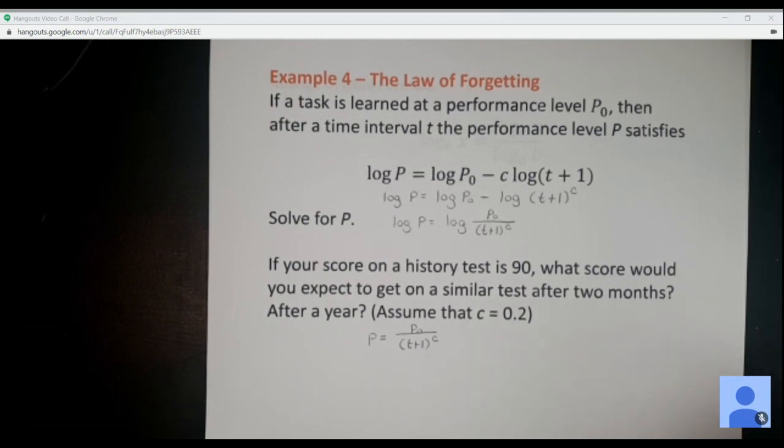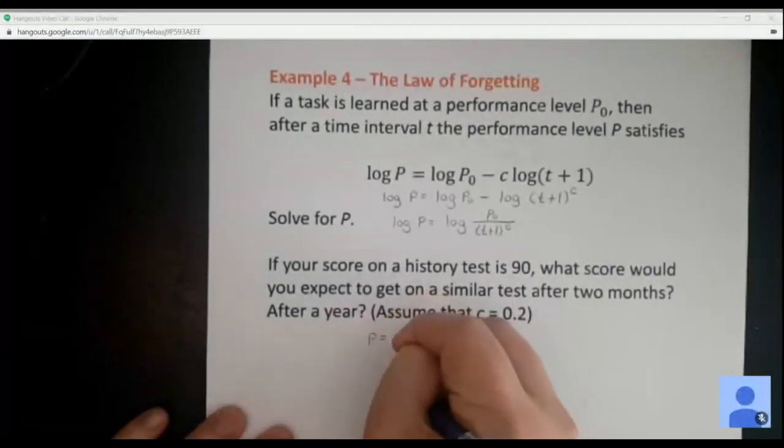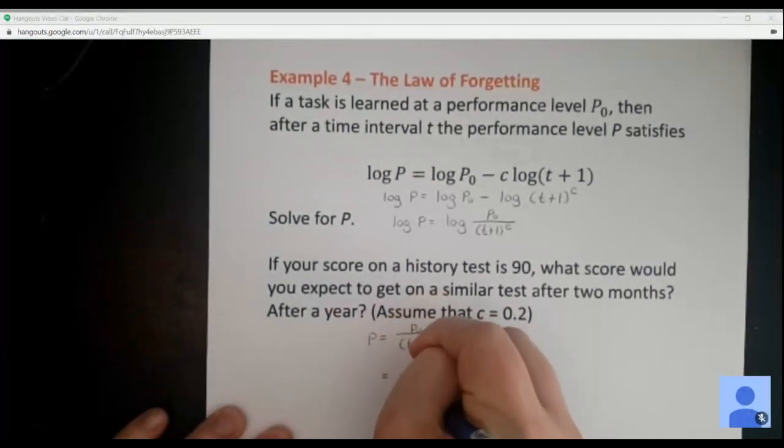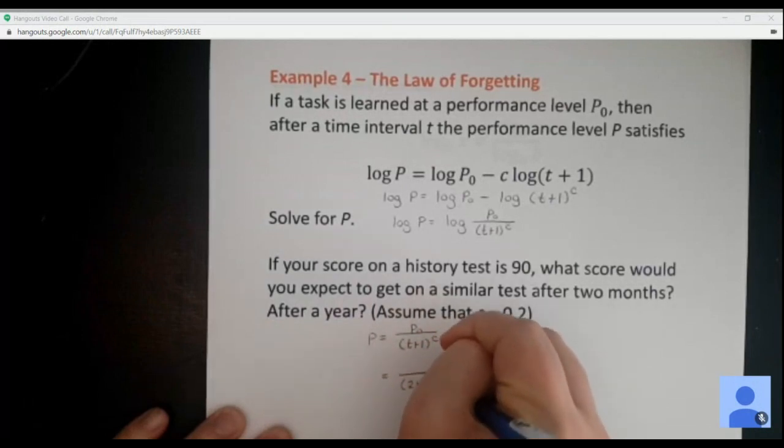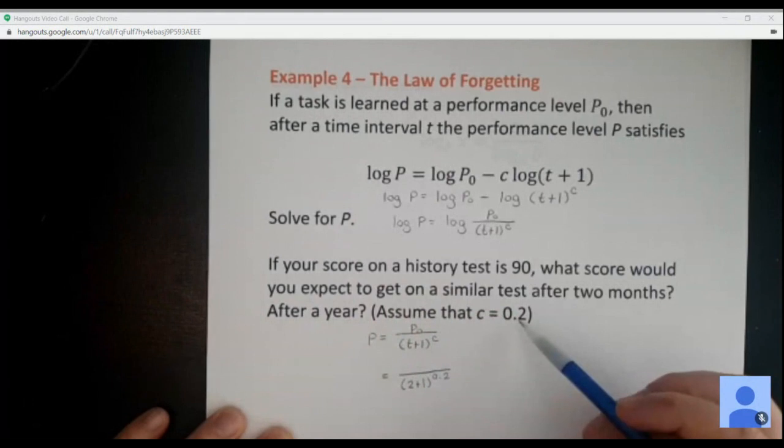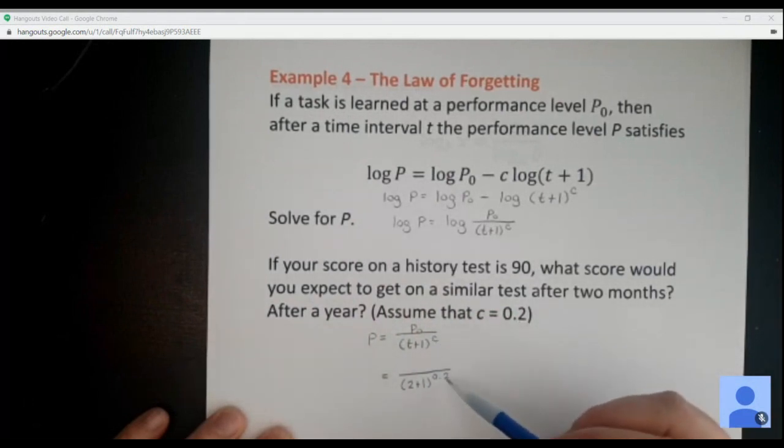Okay, so you got 2 plus 1 to the 0.2. That's going to be the denominator, right? Because we were given a C value of 0.2, so that's going to go in place of the exponent. The time is 2 months, so that's going to become a 2, right? What's going to go in our numerator this time?